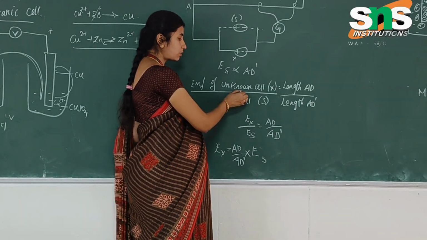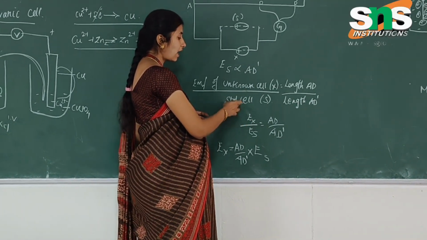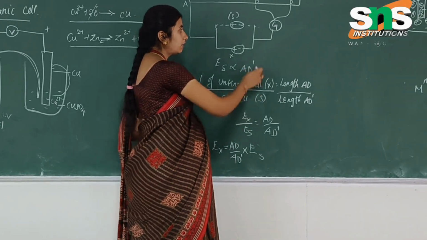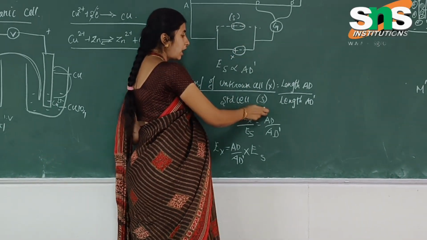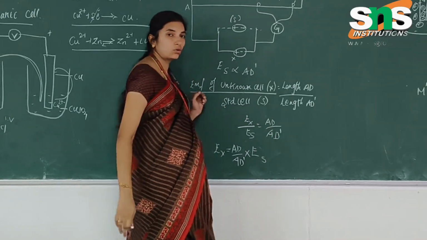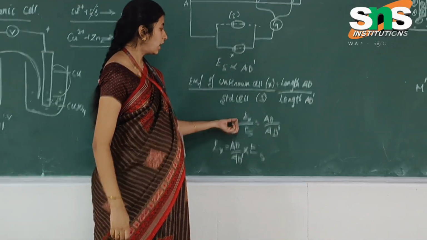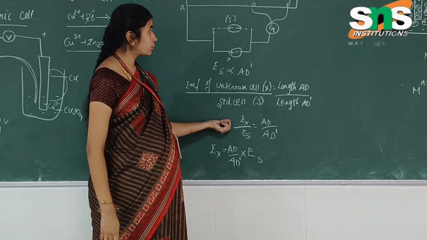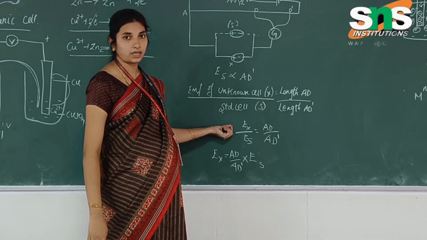We are going to substitute the unknown cell as EX and the standard cell as ES. So ES is proportional to AD and EX is proportional to AD dash. This is the formula for how the balance lengths are used in the potentiometer with the rheostat.